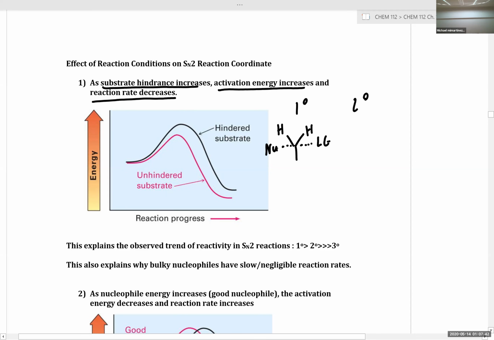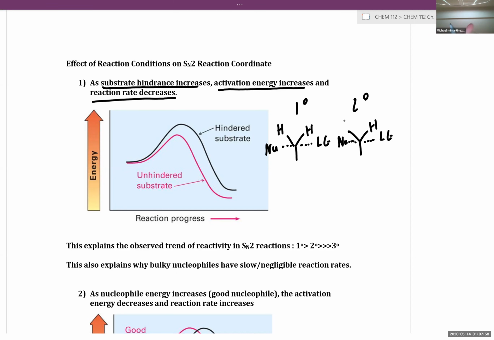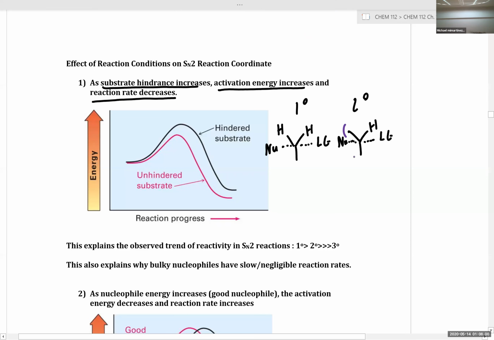If we compare a primary substrate to a secondary substrate, we see very clearly that the secondary substrate has a greater amount of steric interactions. So steric interactions result in a higher energy transition state.